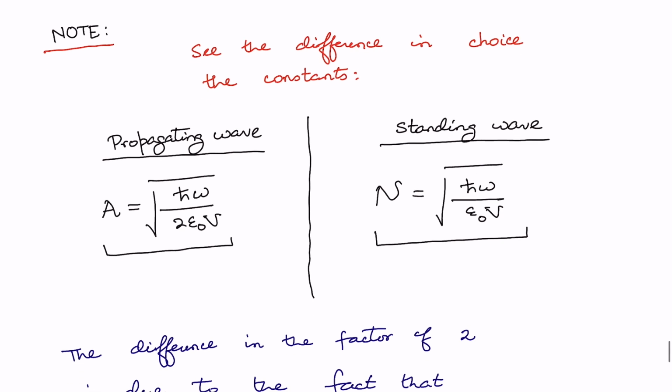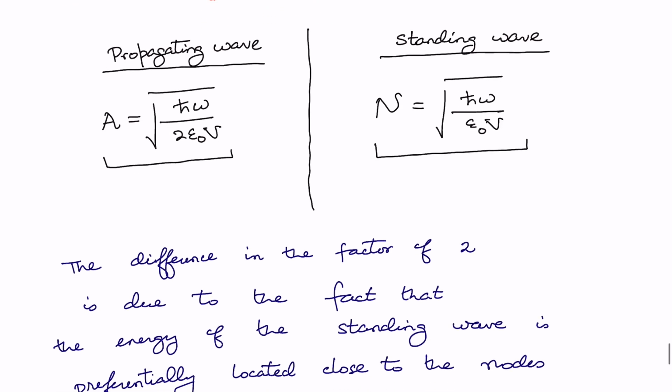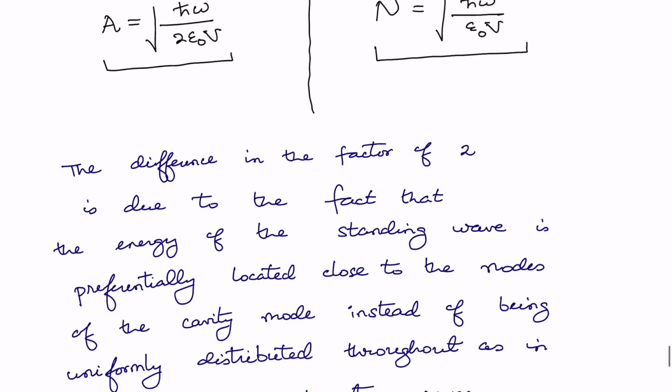There is a physics reason why it is so, because in the case of the propagating wave, the energy of the wave is distributed uniformly throughout the volume. But in the case of the standing wave, the energy is preferentially located close to the nodes of the cavity mode instead of being uniformly distributed.